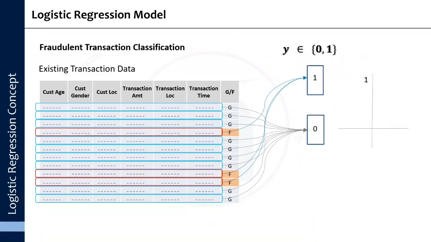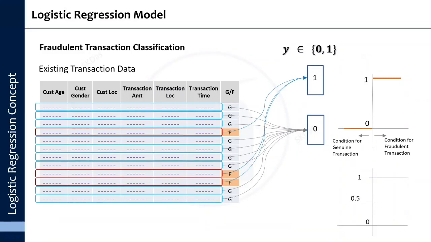So, how do we put it in a graphical format? The ideal case would have been if the condition is met for the fraudulent one, it is marked in the 1 level, and if the condition is met for the genuine transaction, it is marked in the 0 level. So in practice, this is represented by a sigmoid curve.